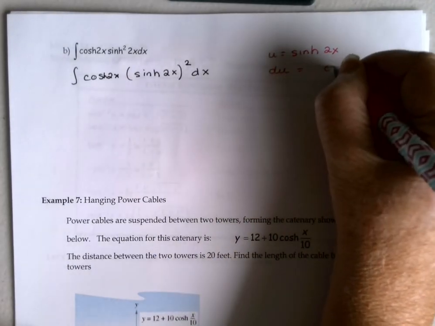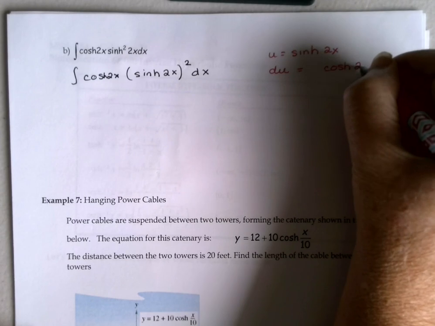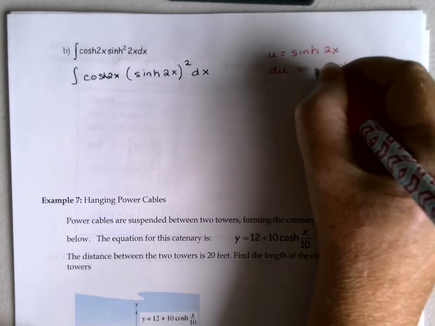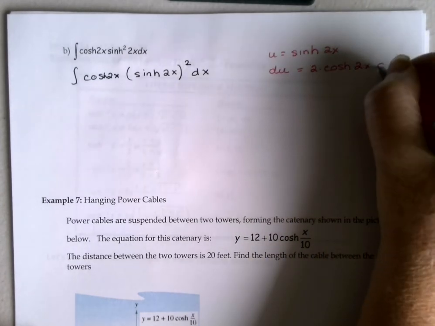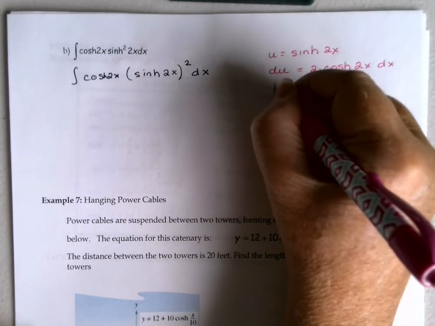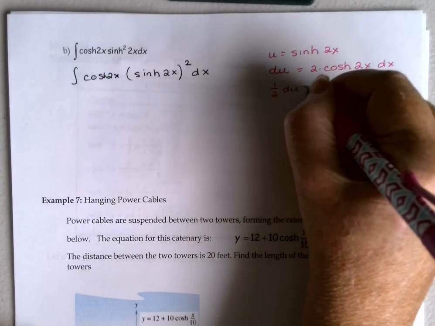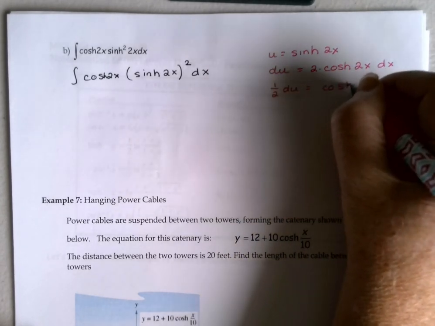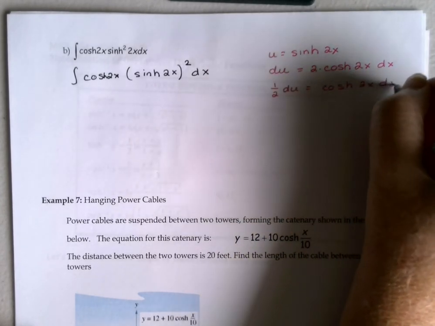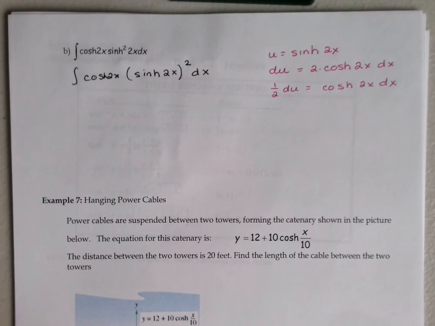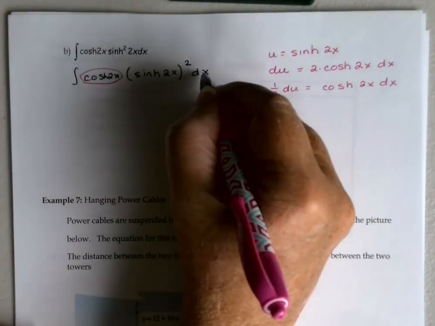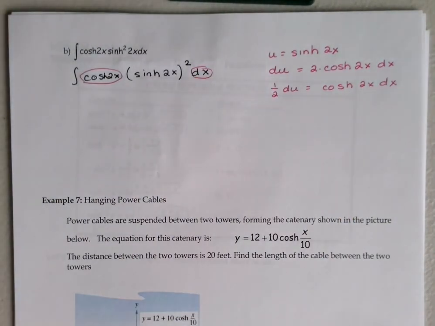So du would be cosh 2x and times 2 for the chain rule dx. And I have 1/2 du equals cosh 2x dx. I've got that cosh 2x dx right there.